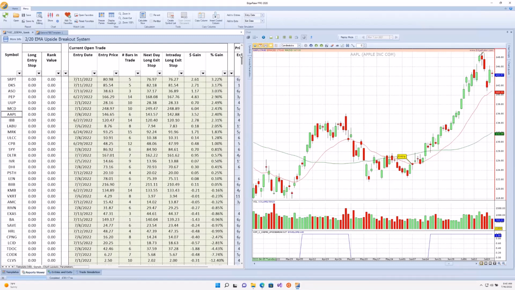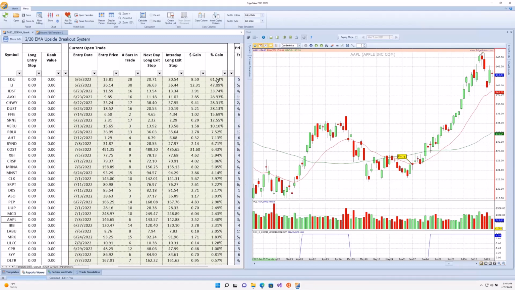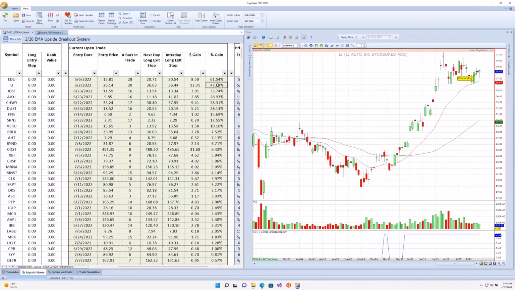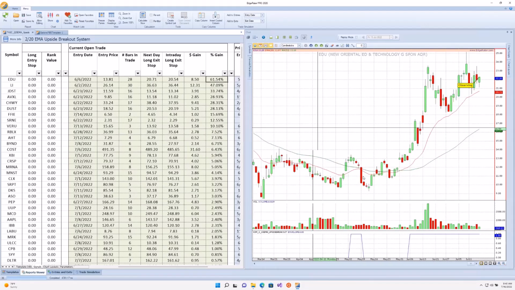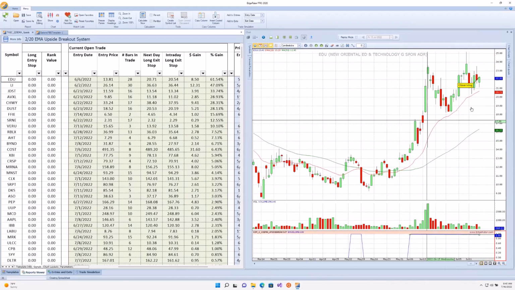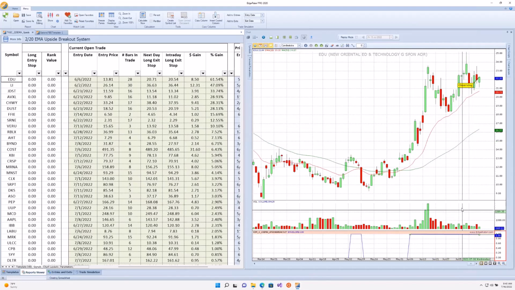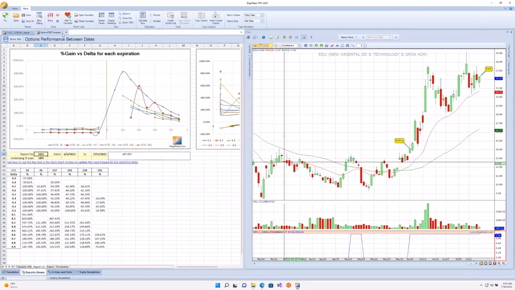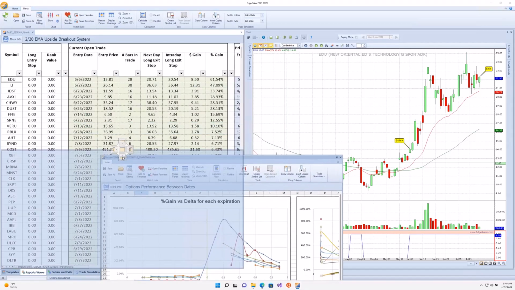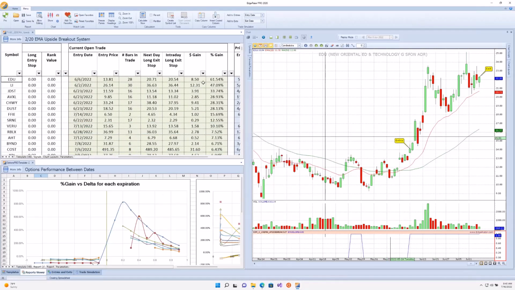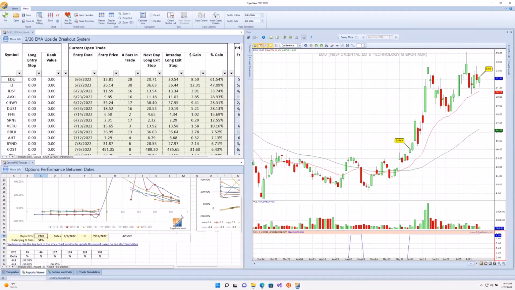So I'll go back to top of this list here. We'll look at some of these gains here. Let's take EDU, for example. Well, let's draw a line here from this bar to this bar. All right. I could have drawn it on the chart, but I just chose to draw it down here. It doesn't really matter. And then my template will actually, let's put that in the area below. Okay, so we can see that the stock itself had a 61% gain. Here it's saying there's a 58% gain.